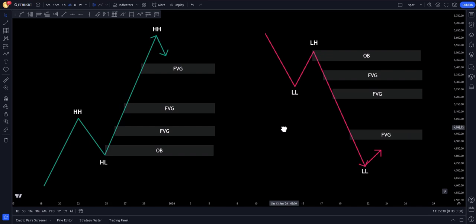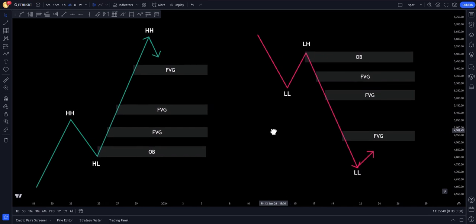Rule number 2. In an uptrend, we only open long positions in fair value gaps that are in the discount zone. What does that mean? It means when we're in an uptrend, we identify the main highs and lows. Then, we consider the middle 50%, and the lower part becomes the discount zone.